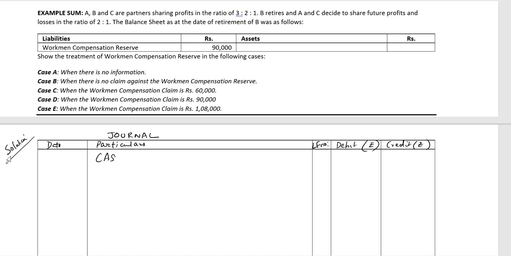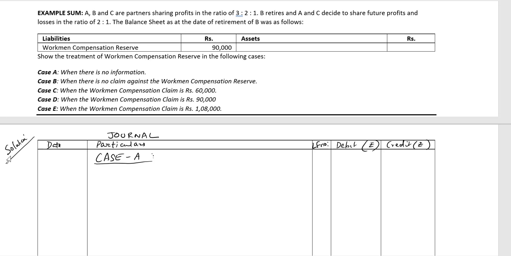So we'll begin with case A. When there is no information, we will assume that the claim is 0, and now the entire 90,000 reserve is free and we'll distribute it among all the partners in their old profit sharing ratio 3:2:1.